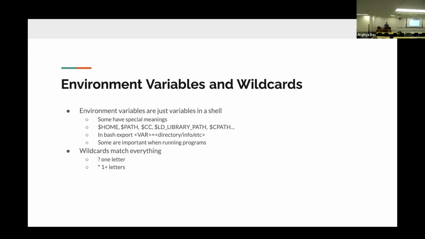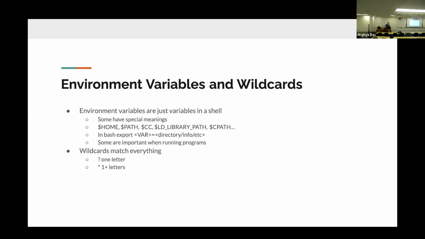Some environment variables have kind of special meaning. Your home directory, $HOME in all caps, is your home directory, usually cd /home/username. The PATH is where it will look for binaries, scripts, executables.